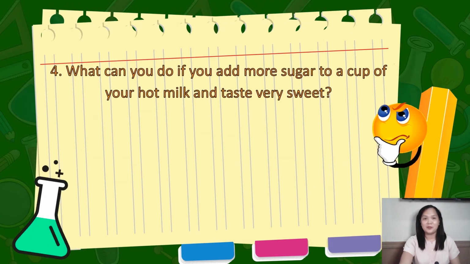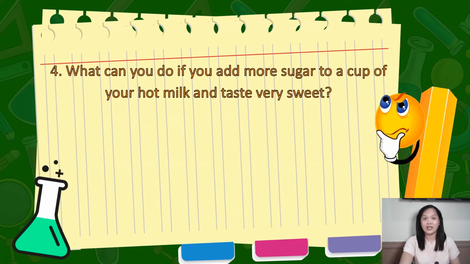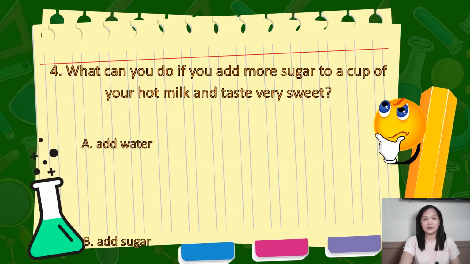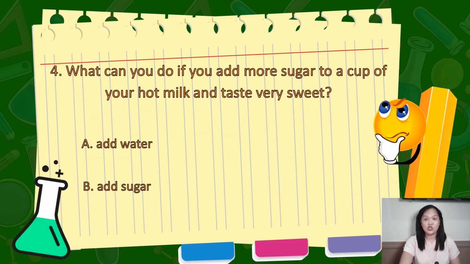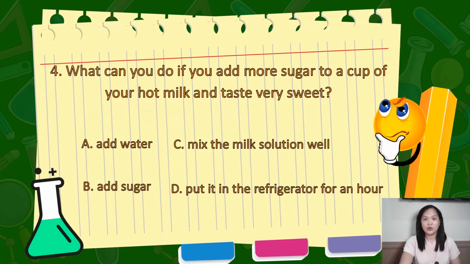Number 4. What can you do if you add more sugar to a cup of your hot milk and it tastes very sweet? A. Add water. B. Add sugar. C. Mix the milk solution well. D. Put it in the refrigerator for an hour.